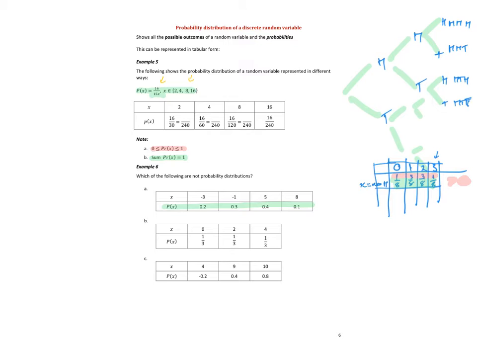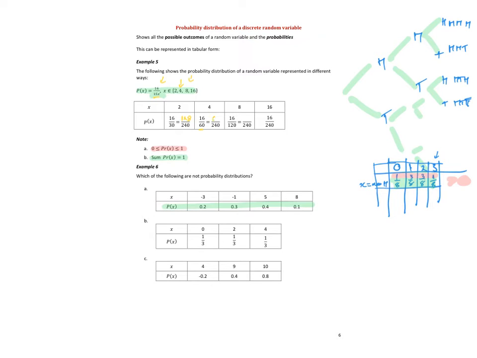Okay, so if x happens to be 2, if I put 2 into the rule, I get 16 on 30. If I get a common denominator for all of them, multiply both by 8 to get 128 on 240. If I put x equal to 4, 4 15s are 60, I get 16 on 60.